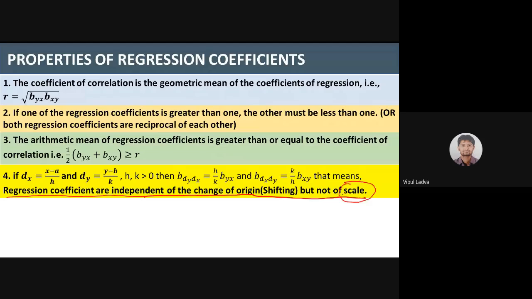Now, we came across this while I was delivering the concept related to the coefficient of correlation. I explained what we mean by change of origin and what we mean by change of scale.